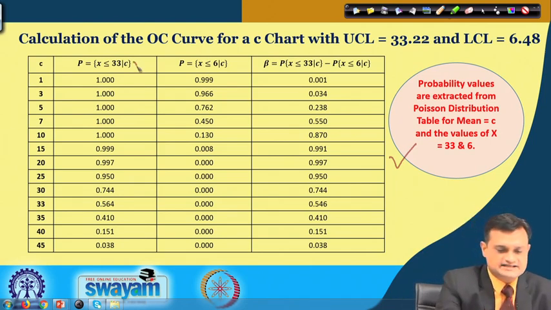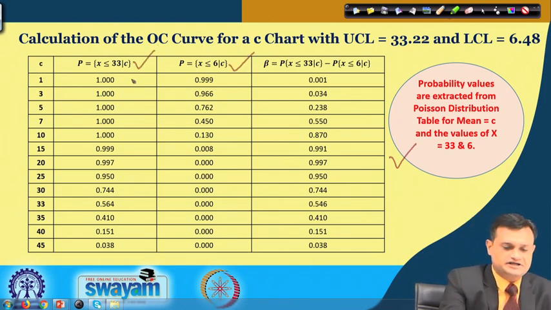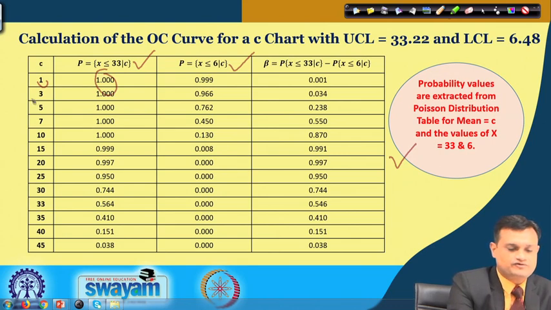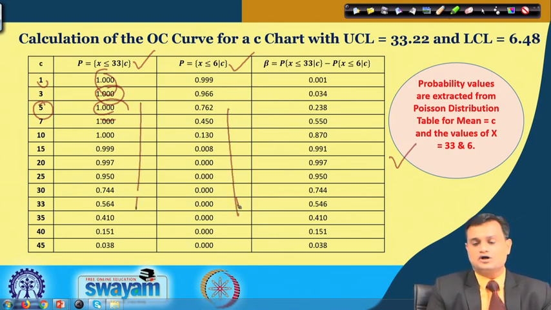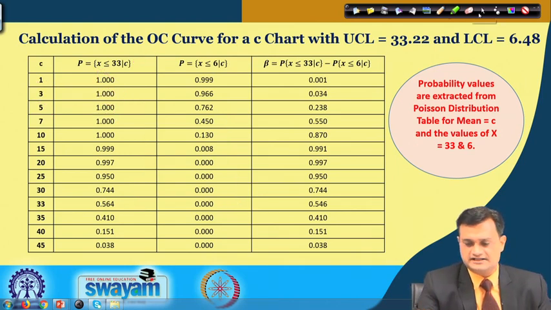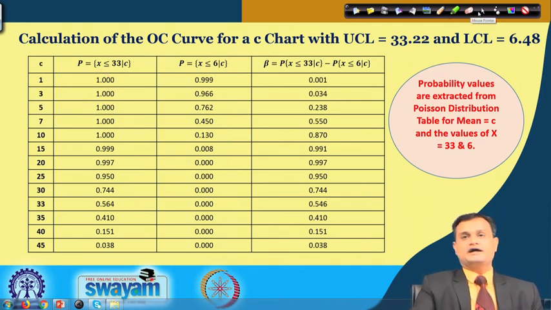So, for 33 and 6: for 33, with C equal to 1, you will get one value. For C equal to 3 and 33, you will get another value. For C equal to 5 and 33, you will get another value, and in a similar way you can have the values for this as well as this. I have just tabulated this in order to get the data points for my operating characteristic curve.